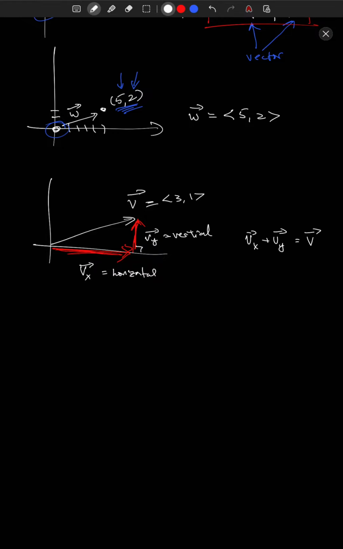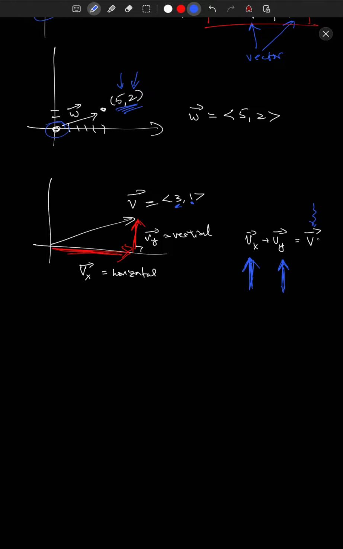This is a really important breakdown of v, because in a lot of settings, what we would like to do is work with v or something like v, but it's kind of complicated. In this case, it's 3, comma 1, which is kind of complicated. But we can break it down into two simpler pieces, v_x and v_y, and they're simpler because v_x is just horizontal, v_y is just vertical.